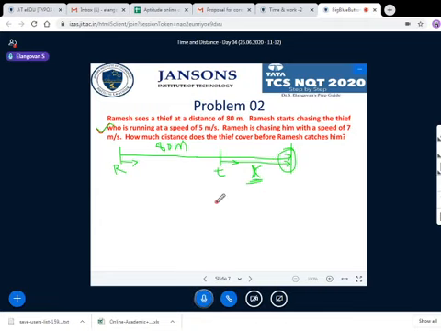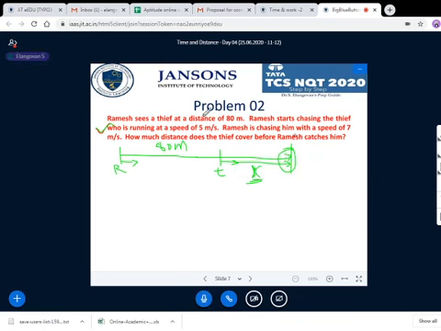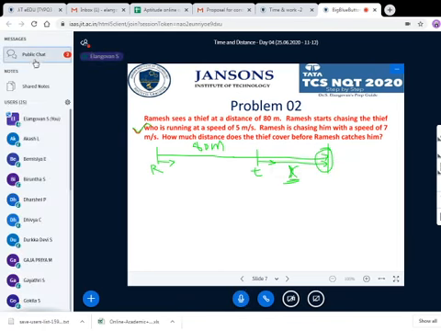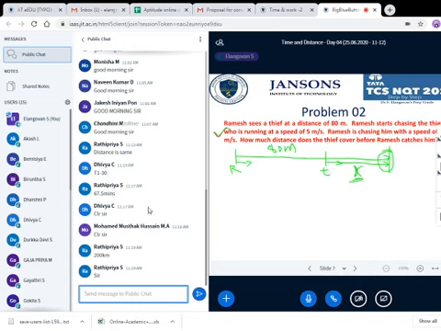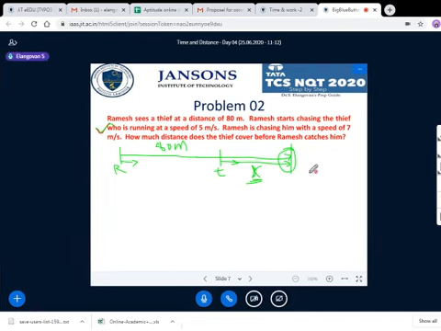Now what sort of problem is this? Either it is same distance, same time, or same speed. Which type of problem is this?